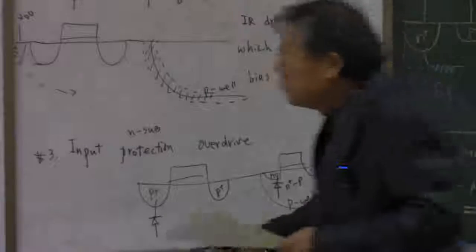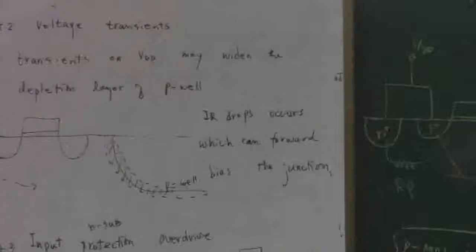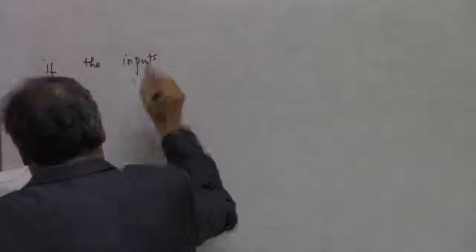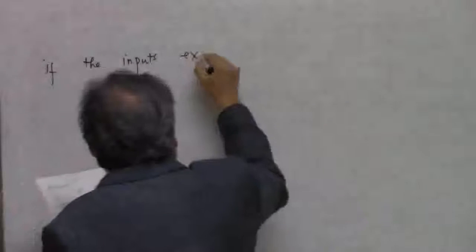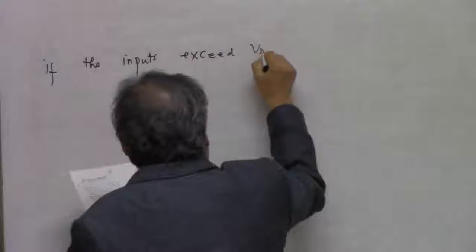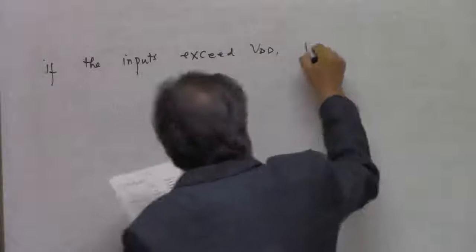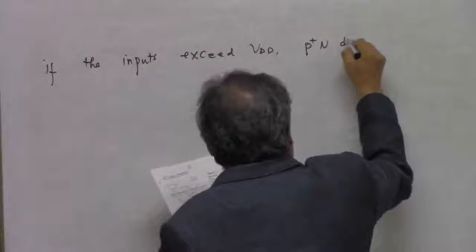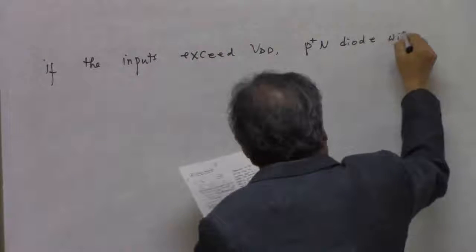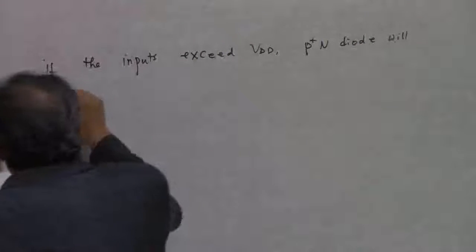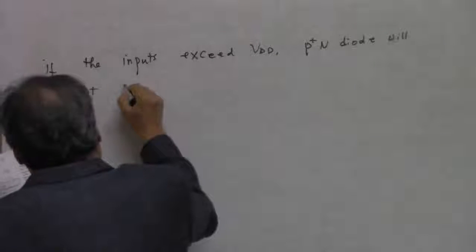So if the input exceeds VDD, then the P plus N diode will inject holes.